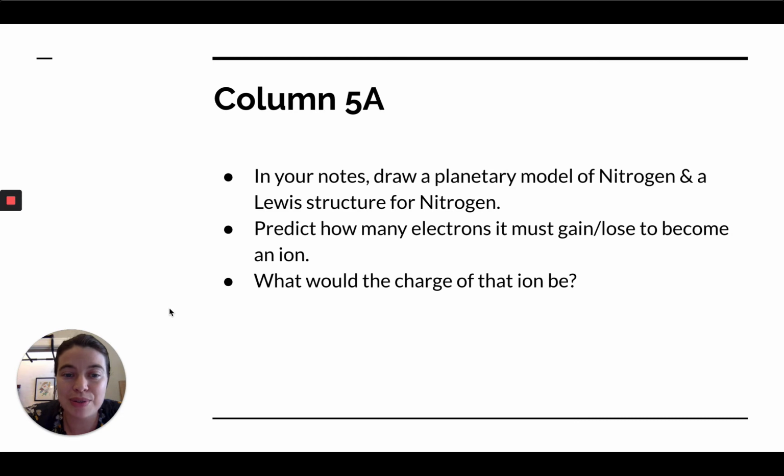And once you have those two things, I want you to predict how many electrons nitrogen needs to either gain or lose to become stable. And when you do that, think, if this were to form an ion, what would the charge of that ion be? So go ahead and pause this video now while you draw the Lewis structure and planetary model of nitrogen, and hit play when you're ready to continue.